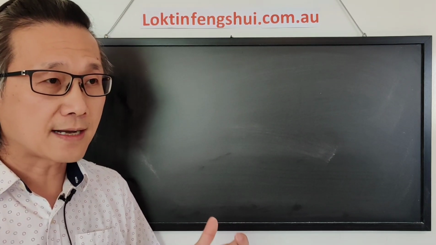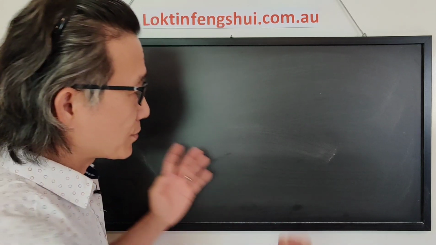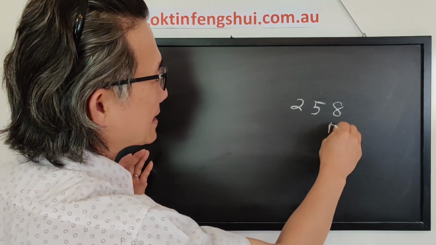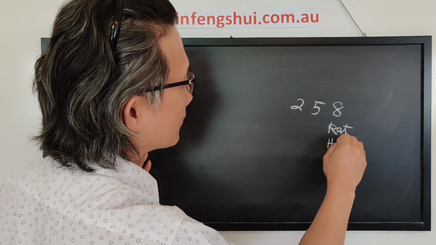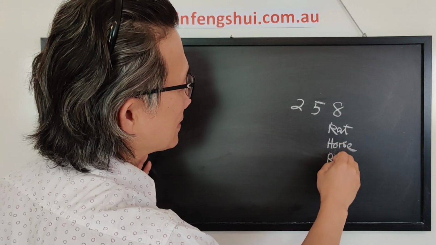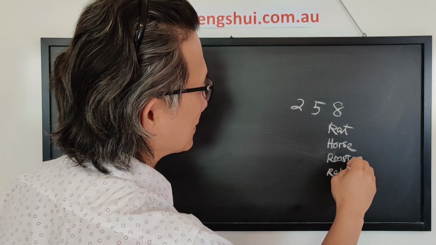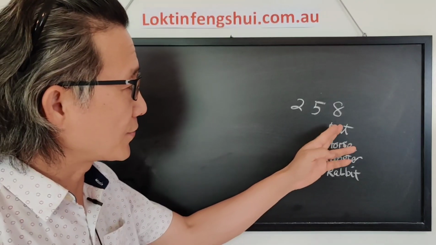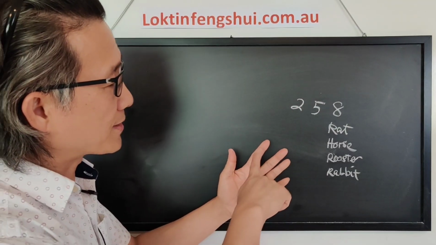So for the monthly star for the year, remember we only need to remember a few numbers, which are 8, 5, and 2. In the year of the rat, and the opposite side, the horse, the rooster year, and the rabbit, the first month in the calendar starts with 8, and then the second month will be 7.